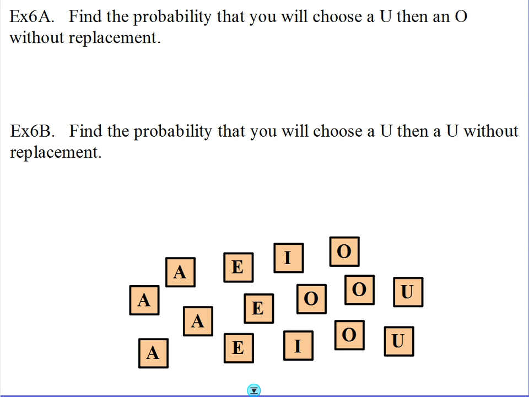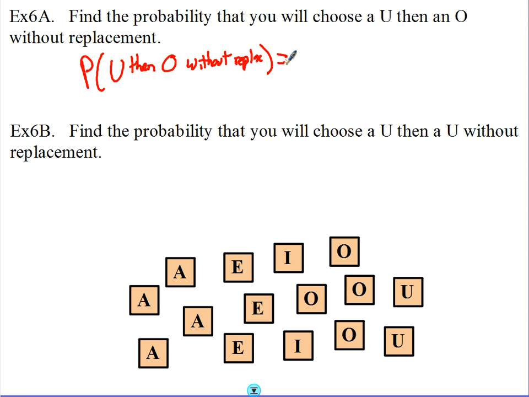So, we're going to go back to that example that we had before with these tiles when we had vowels. So we're finding the probability that you will choose a U and then an O without replacement. So probability of U, and then O, without replacement. Okay?